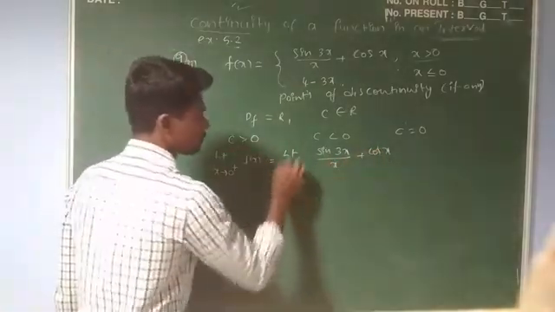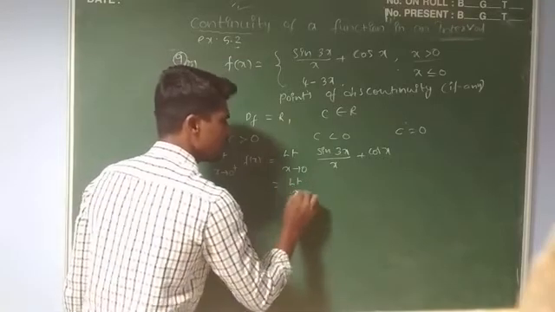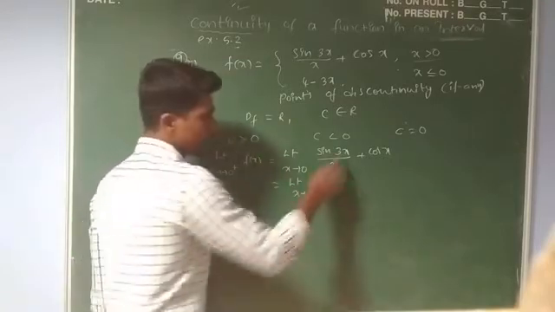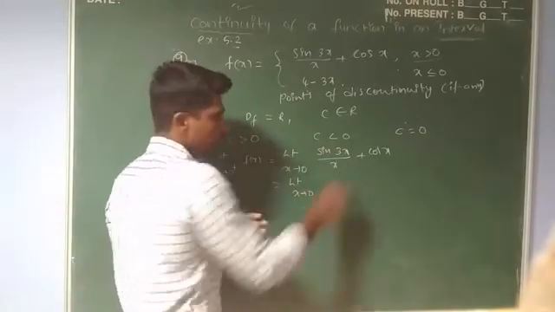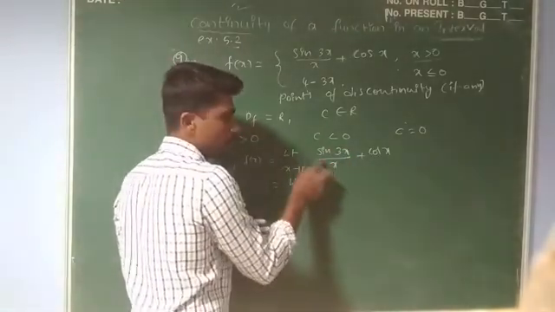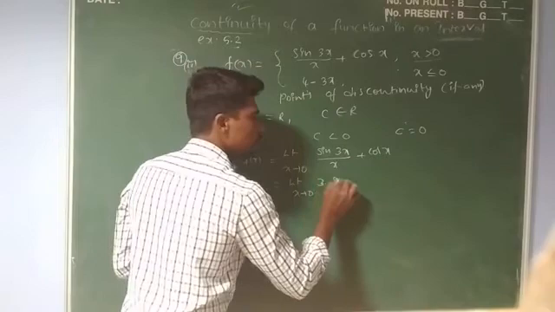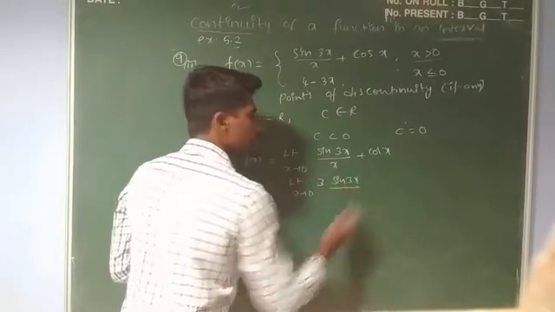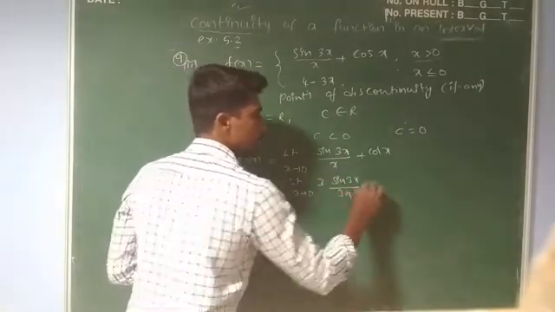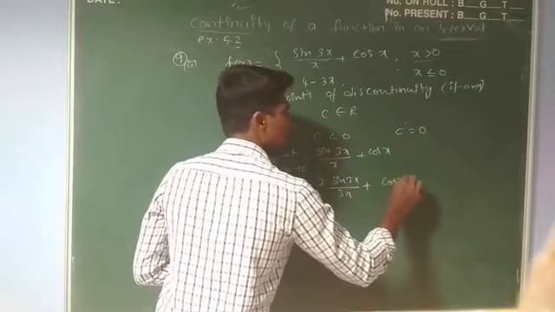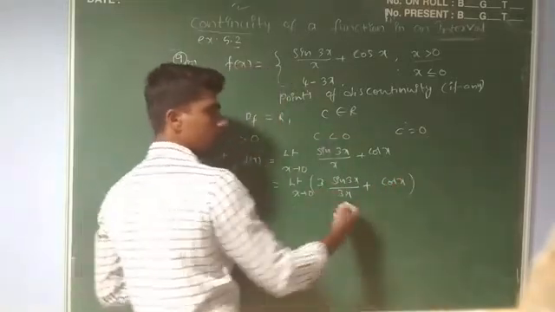Now limit x tending to 0 of sin 3x by x. Here we have a 3x, so multiply and divide by 3. So I get 3 into sin 3x by 3x plus cos x. Now open the limit for both functions.